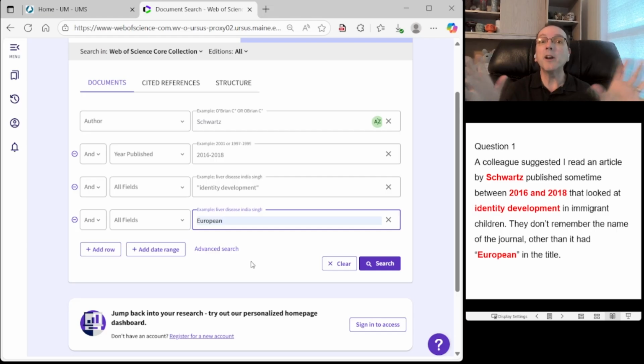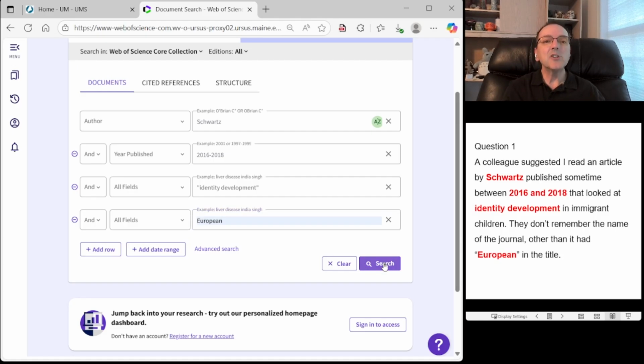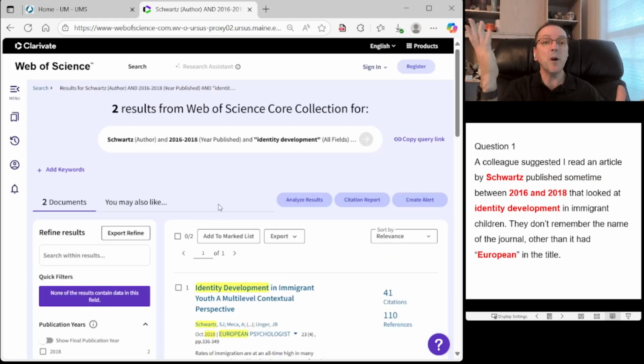So it may do a little overkill, but it's a way of filtering out. But I just want to point out that using the publication name only really works if you know the name. So let's search and see what we get here. And we got two articles that met that criteria.